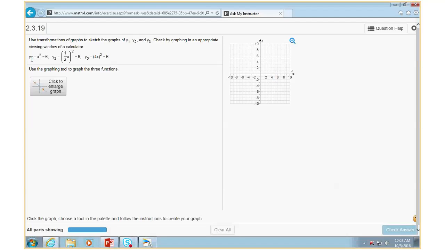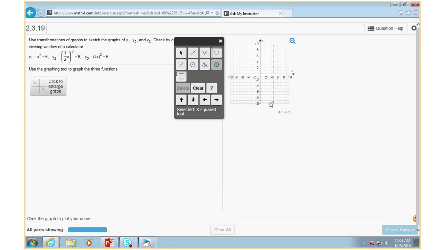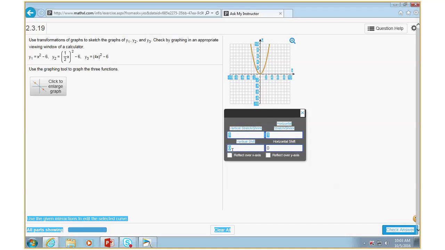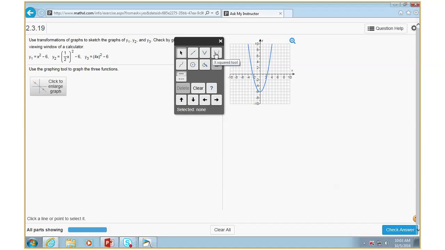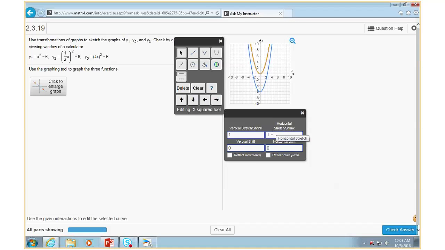All right, y sub 1 is x squared minus 6. So this is -6, and go down 6 places. Okay, now the second. Take 1/4. So that means it's being horizontally stretched, it's got to be wider.